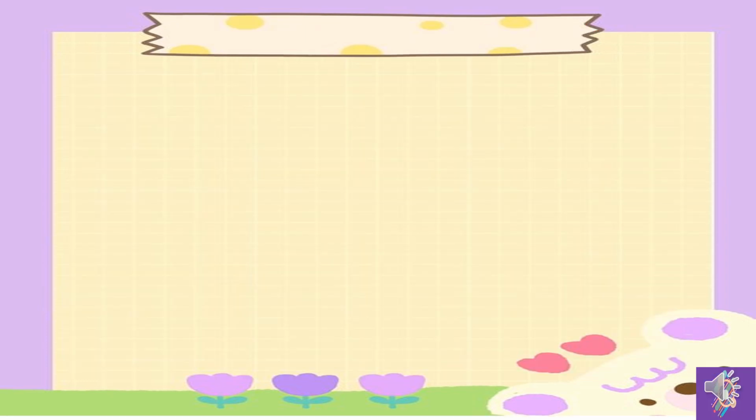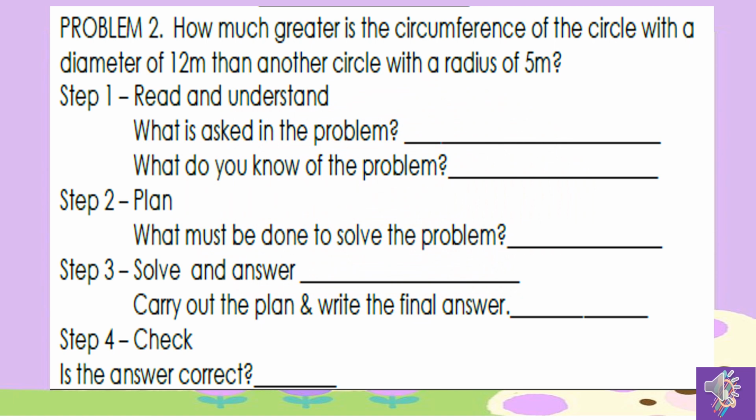Okay, so for problem number 2, how much greater is the circumference of the circle with a diameter of 12 meters than another circle with a radius of 5 meters? You will follow the steps from step 1 to step 4.